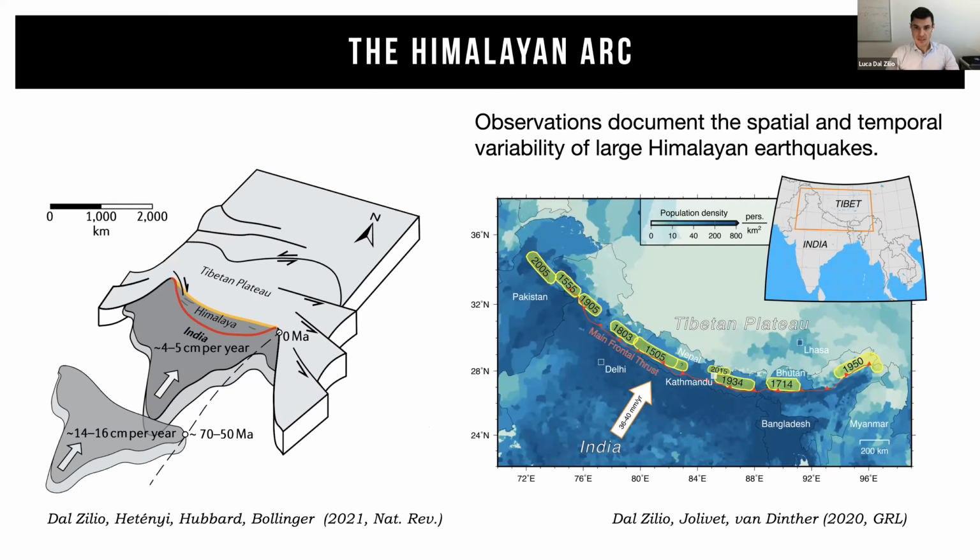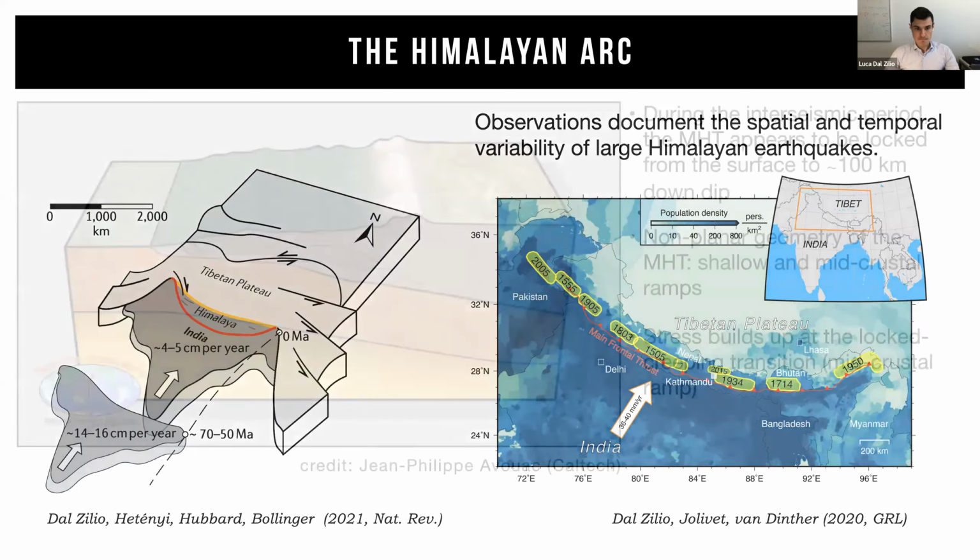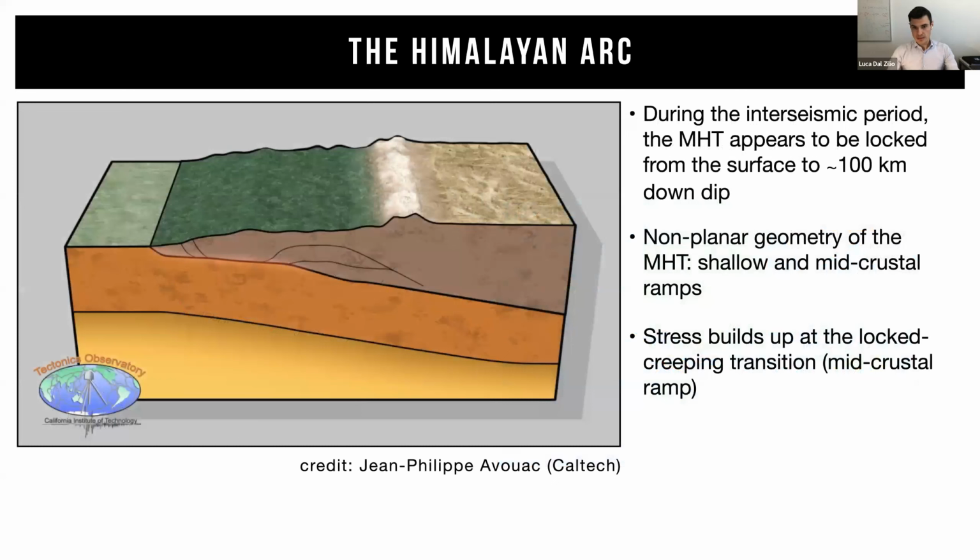Now, when we look at the reason behind the generation of these large earthquakes, we can see this very simple animation, which shows the convergence of the India plate beneath the Eurasian plate, where here we have the accretionary wedge and the building of the Himalaya.